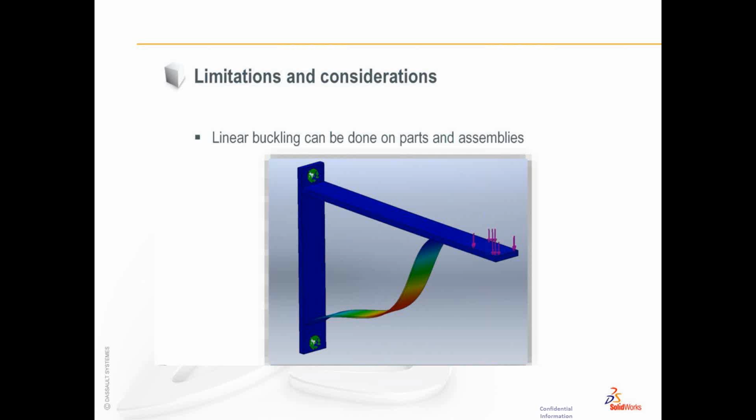We also can't have nonlinear materials if they play a considerable role in the deformation of the structure. So, hyperelastic or certain plastic materials, if the material characteristics are very nonlinear, then linear buckling probably isn't a good fit.